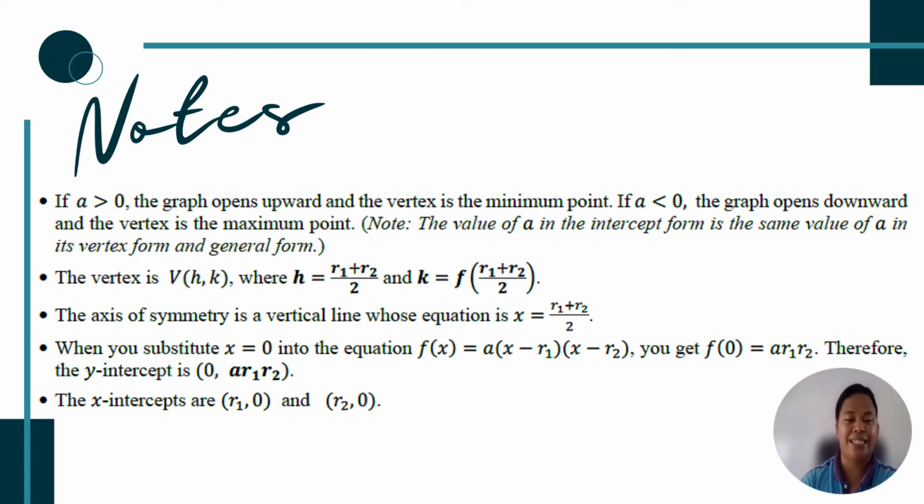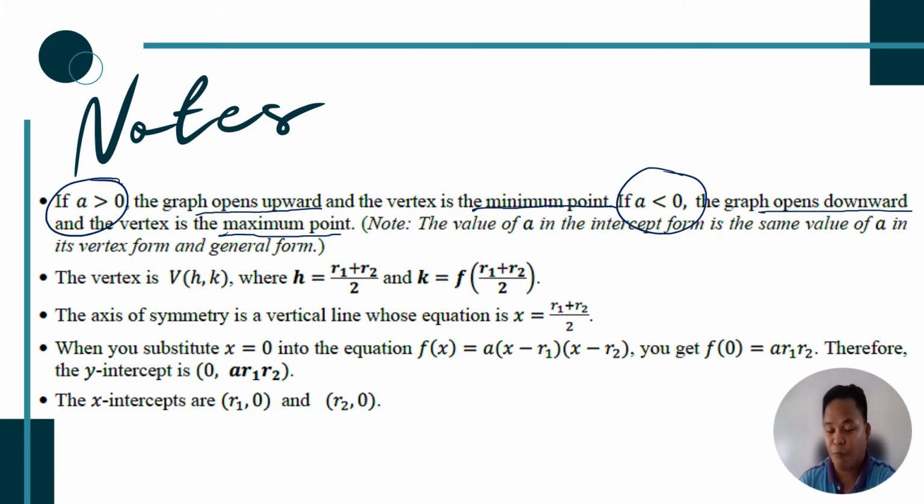If a is greater than 0, the graph opens upward and the vertex is the minimum point. If a is less than 0, the graph opens downward and the vertex serves as the maximum point.